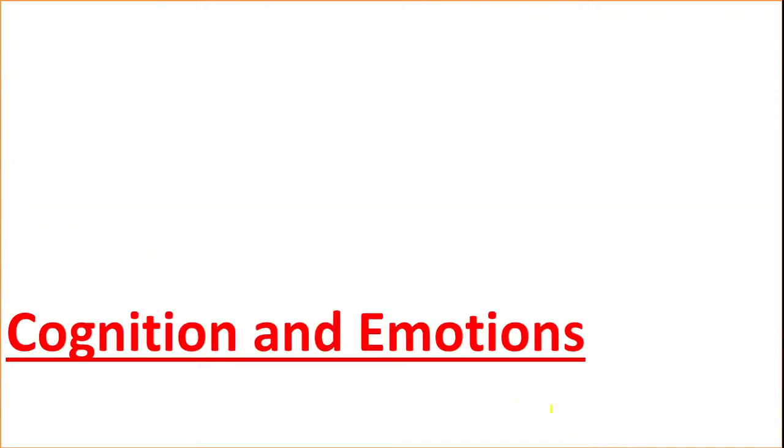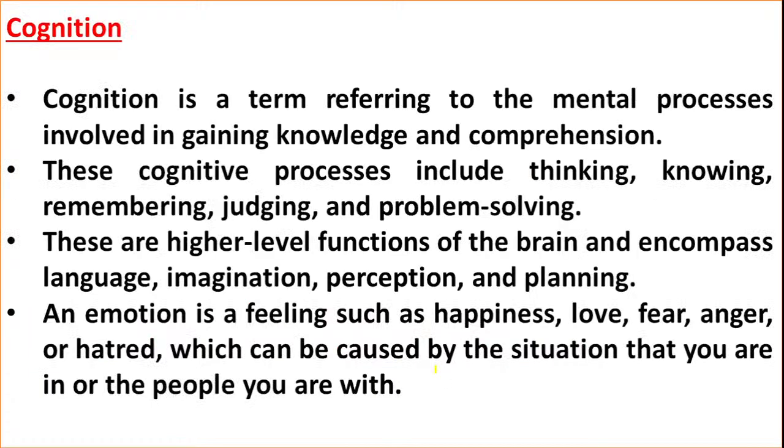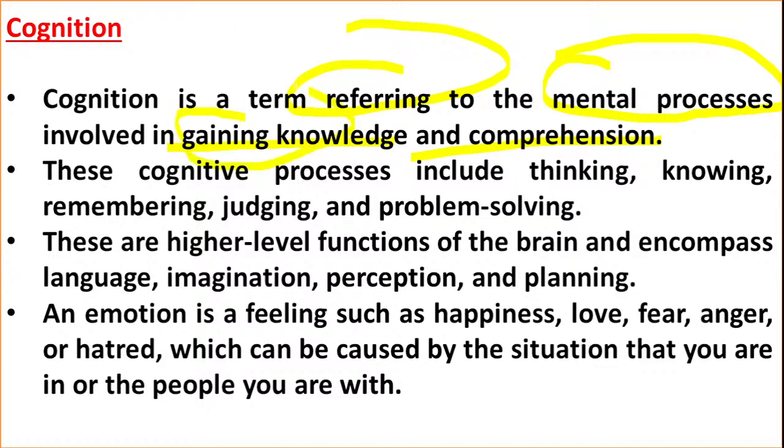So next, let us study cognition and emotions. Cognition is a term referring to the mental process involved in gaining knowledge and comprehension. So cognition is a mental process, and it is involved in gaining knowledge and comprehension.